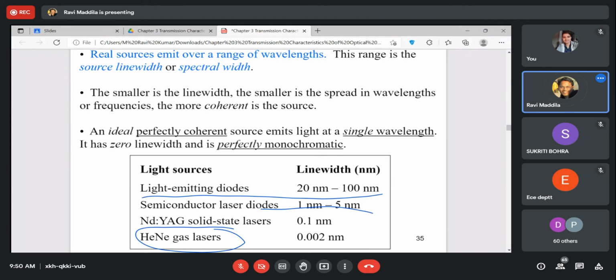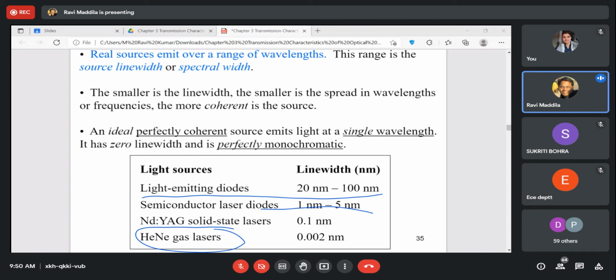So this helium neon gas laser is a very old technology, and it was very widely used. I believe even now this is pretty widely used. If you go to a mall, you see barcodes on the products, right?